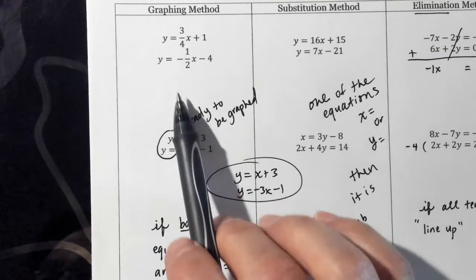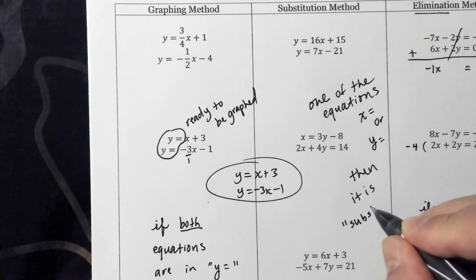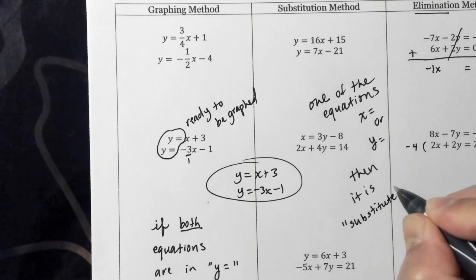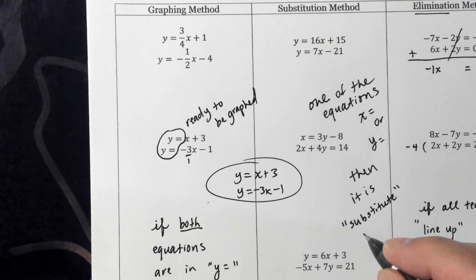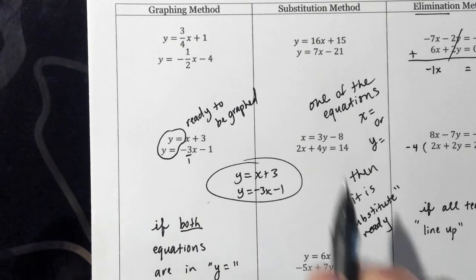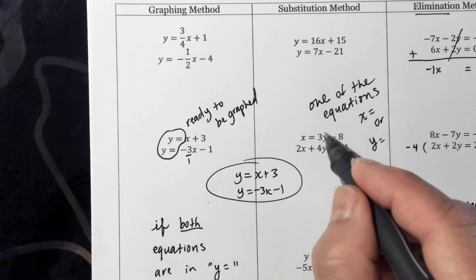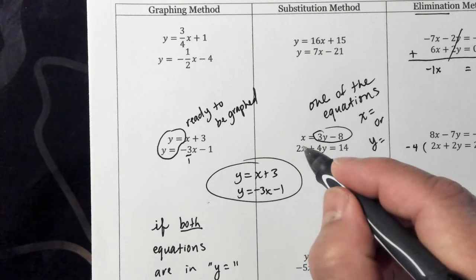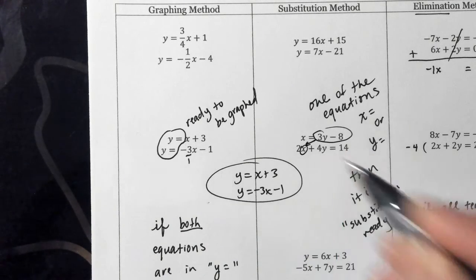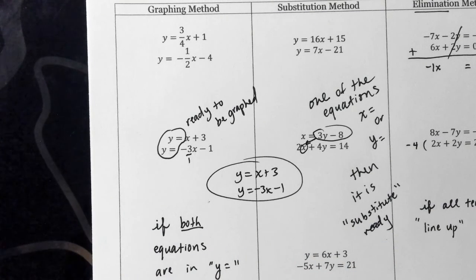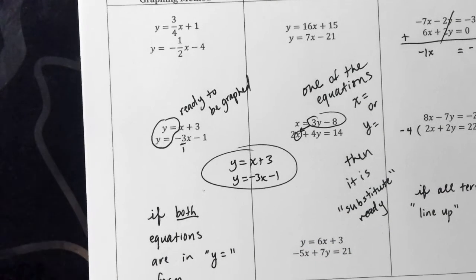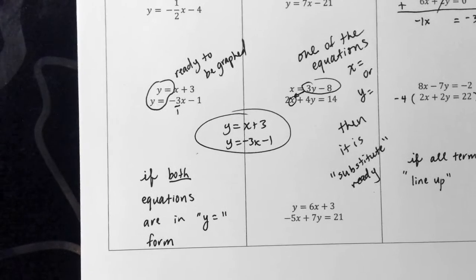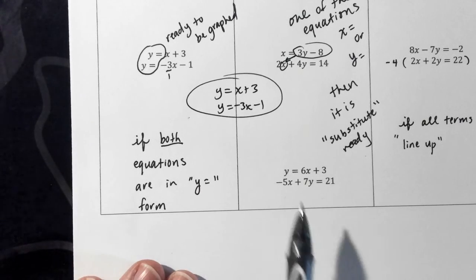So these are graph ready, ready to be graphed. These are substitute ready. So if we tell you what x is equal to, voila, x is equal to 3y minus 8, then you are allowed to replace the x. Remember, replace means substitute. Substitute means replace. And then solve from there.